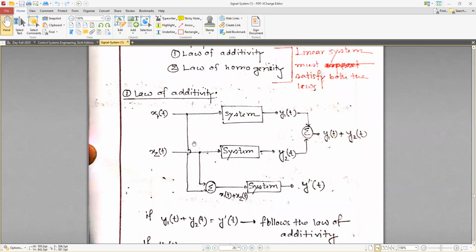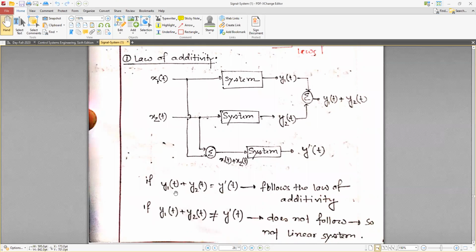What is the additivity? Just add. See, y1(t) plus y2(t) is equal to y prime(t), that follows the law of additivity. But if it does not equal y prime(t), then it will not follow the additivity. See here, x1(t) gives the output y1(t), x2(t) gives the output y2(t). So the summation is y1(t) plus y2(t).